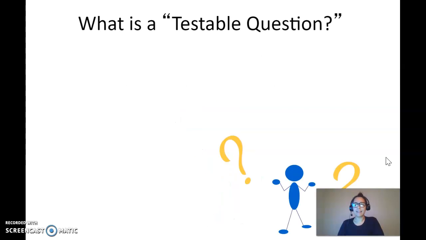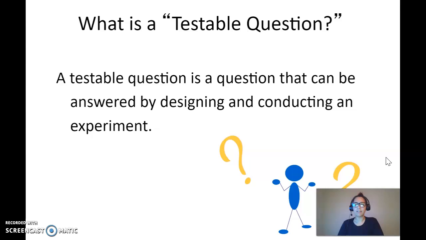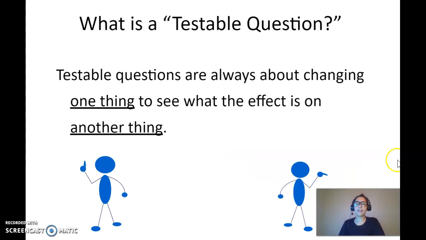So what is a testable question? A testable question is a question that can be answered by designing and conducting an experiment. A testable question is always about changing one thing to see what the effect is on another thing.